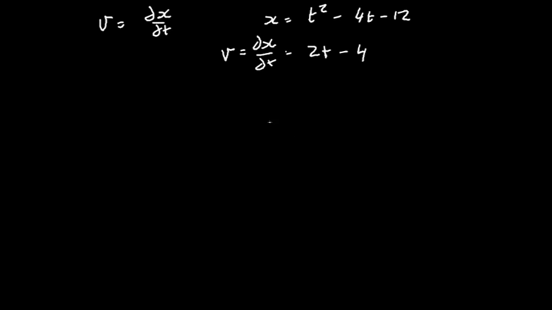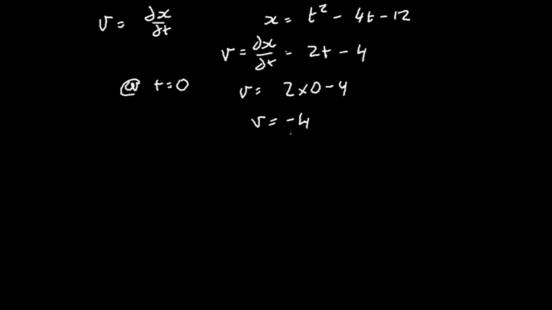Hence state the initial velocity: at time t equals 0 for initial, we get v equals minus 4.